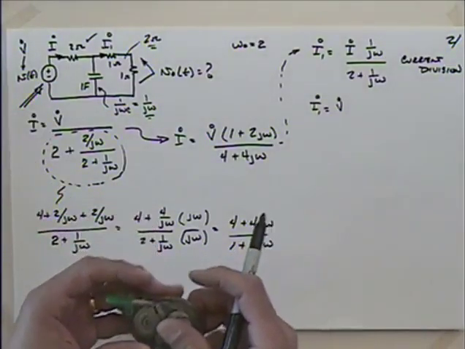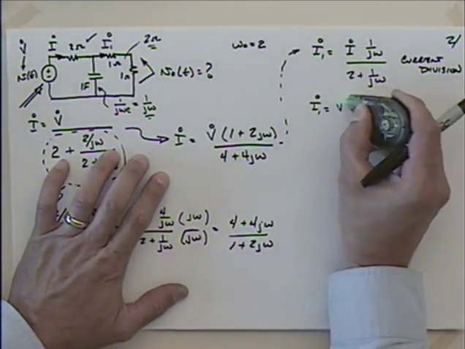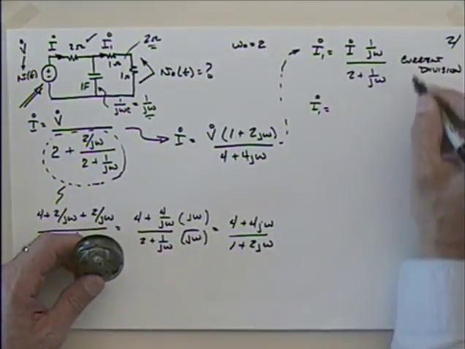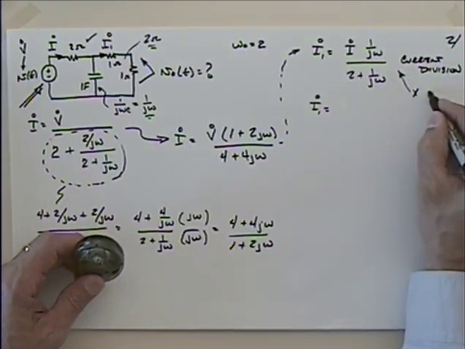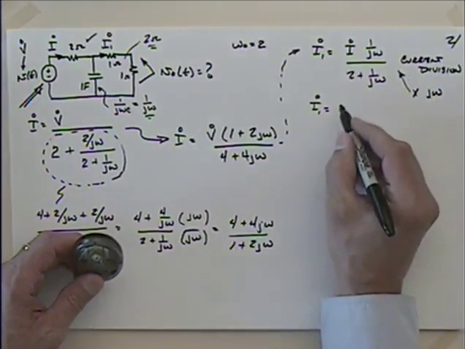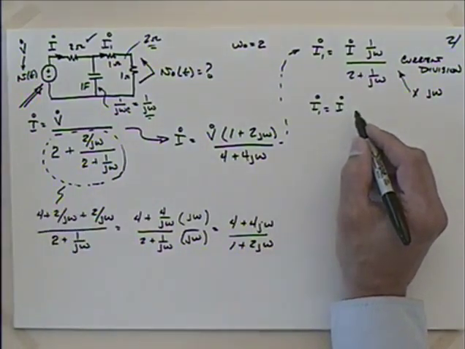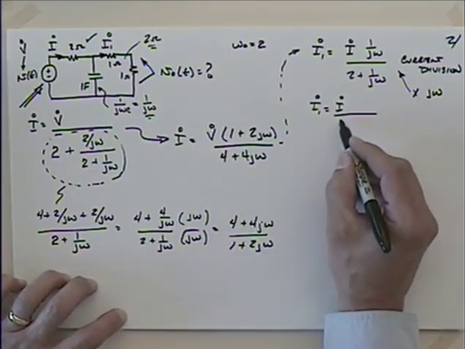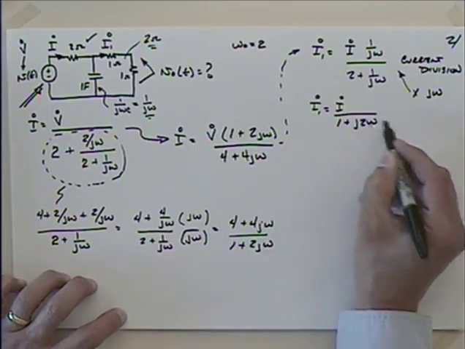I can probably clean that up, right? Yeah, now you're thinking. So multiply top and bottom by j omega. So we would have then I would be just alone in the numerator, wouldn't it? And we would then have 1 plus j2 omega.